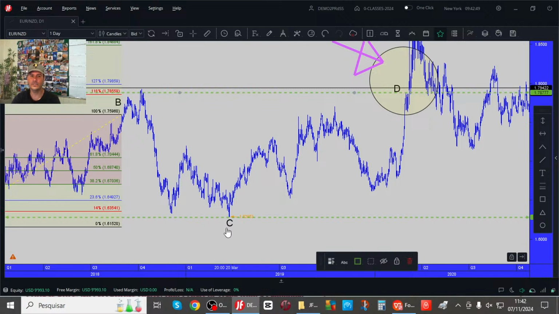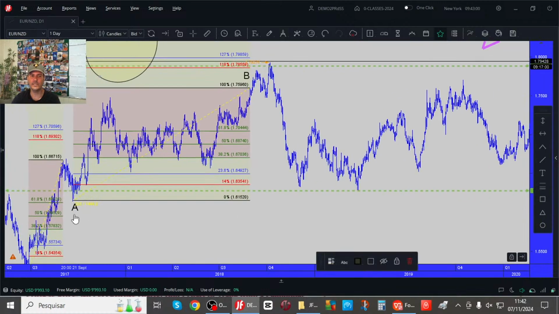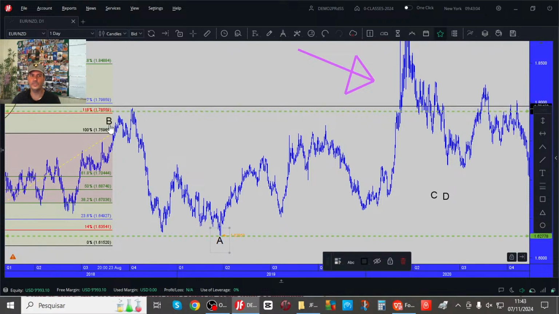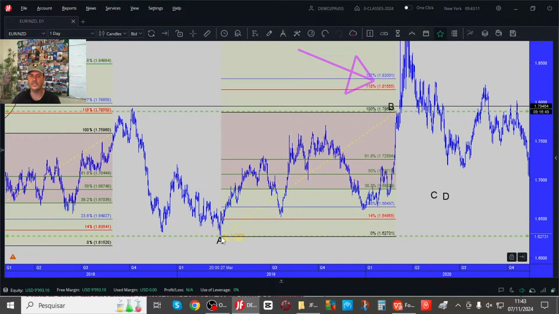And as always, I'm going to move this one. As always, A goes to C and B goes to D. New Fibonacci sequence, everybody.